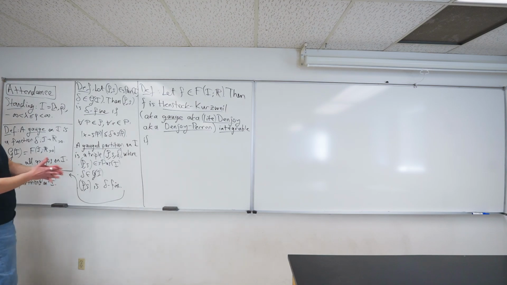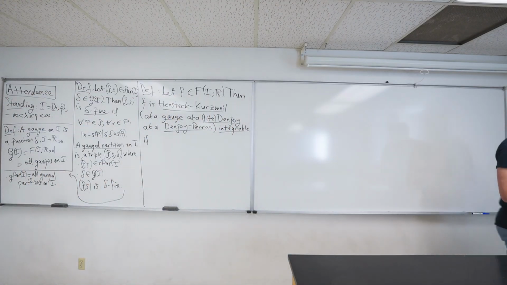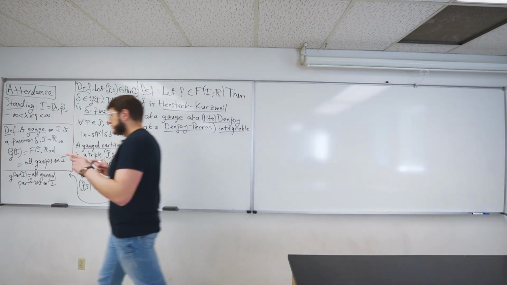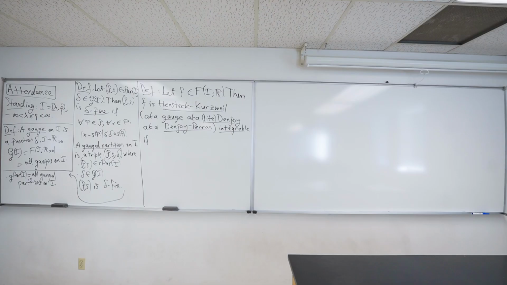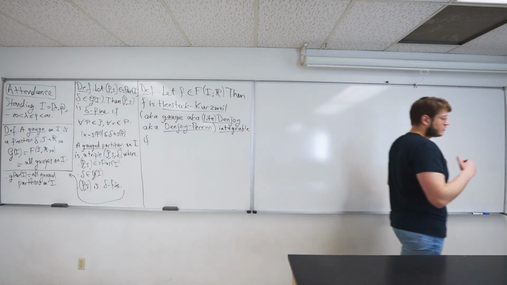So today, finally, we're going to transition to this more advanced type of integration, Henstock-Kurzweil integration or gauge integration. Using one of the formats of Riemann integrability, it's fairly similar to Riemann integration. We're again going to use Riemann sums, except that instead of bounding the mesh of the partition, we're going to use something called a gauge.